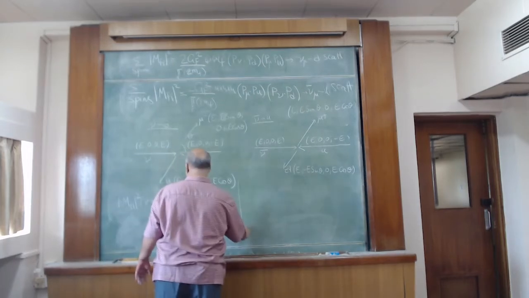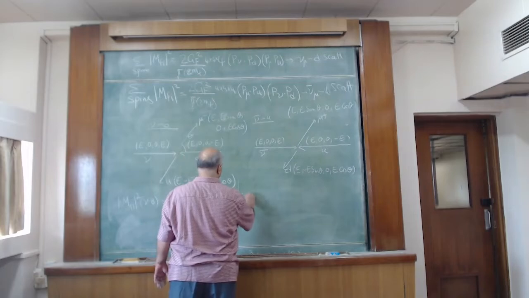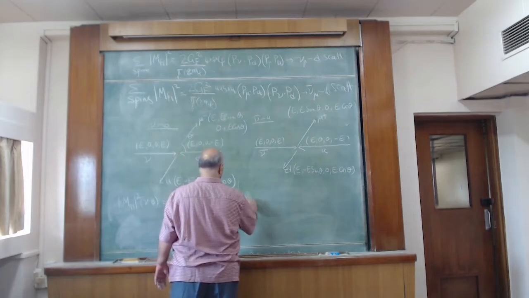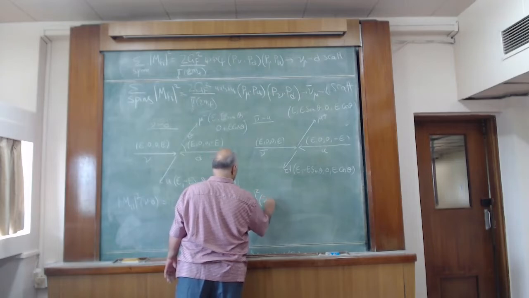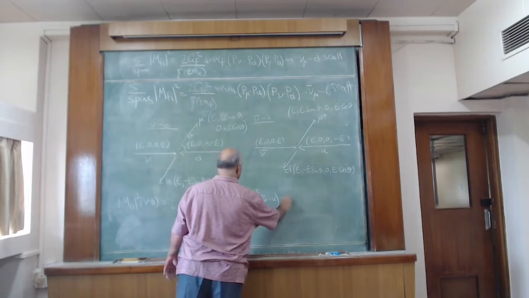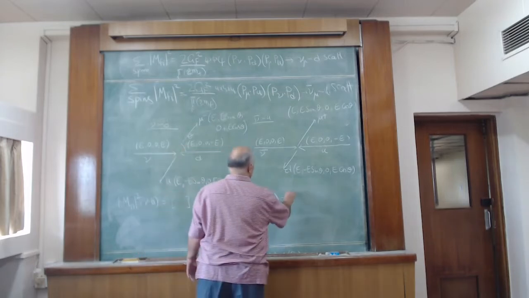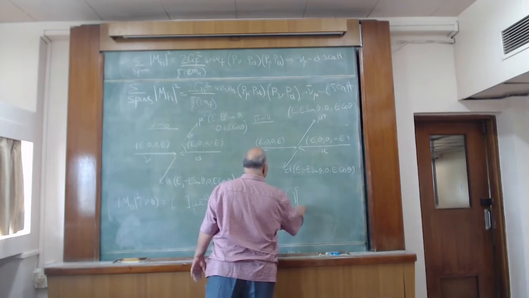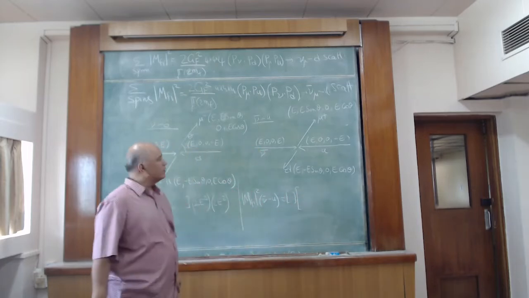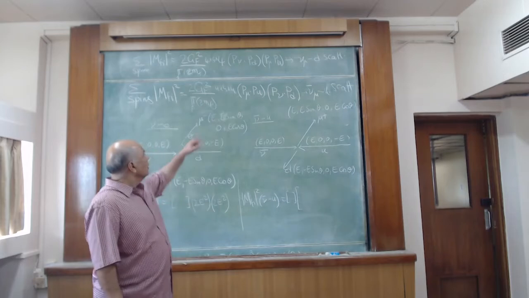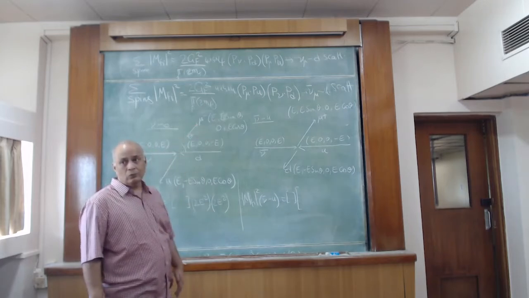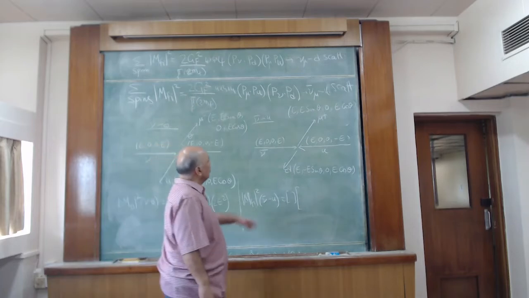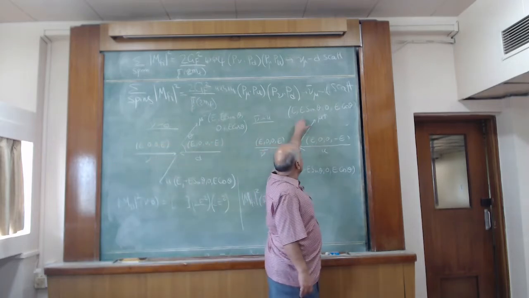On the other hand, |M_fi|^2 in the case of mu bar u is the same common factor times p mu dot pu. Pu is this and this is p mu.